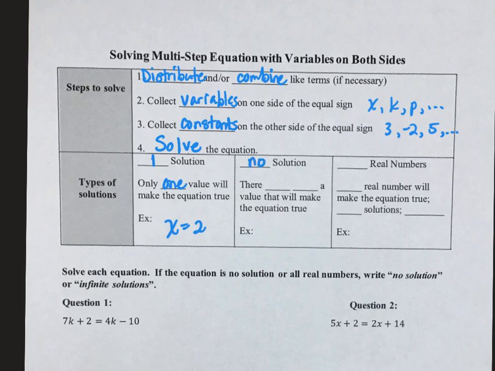No solution means that there is not a value that will make the equation true. So when we solve the equation, we will come out with something like 2 equals 5. Since 2 does not equal 5, there is no solution, which basically means there is no value of x which would make that a true statement. So that's no solution.